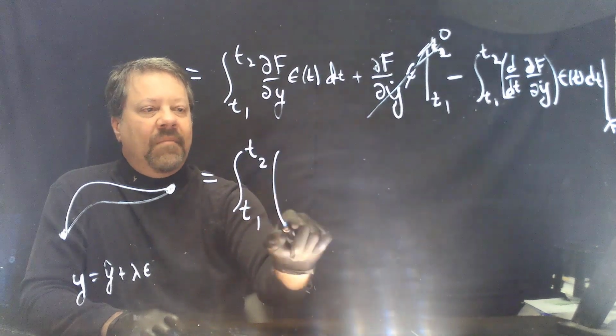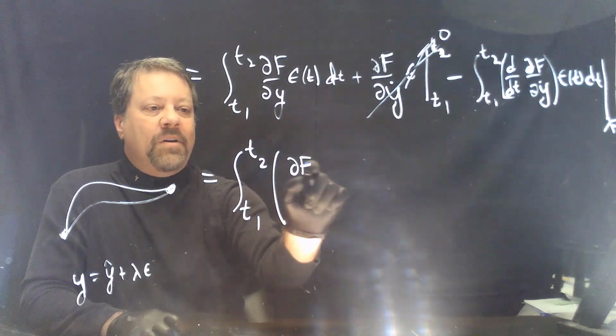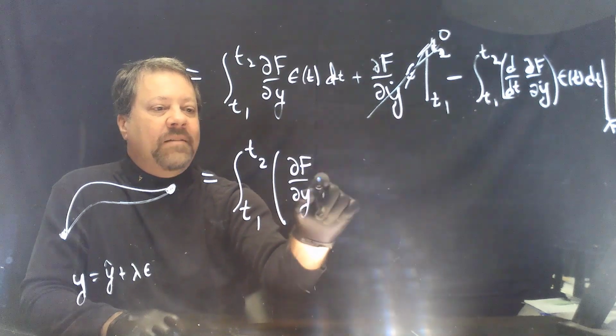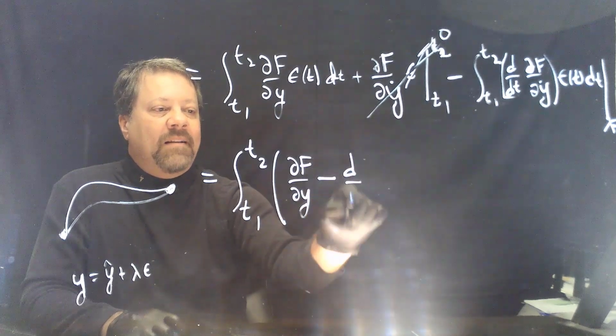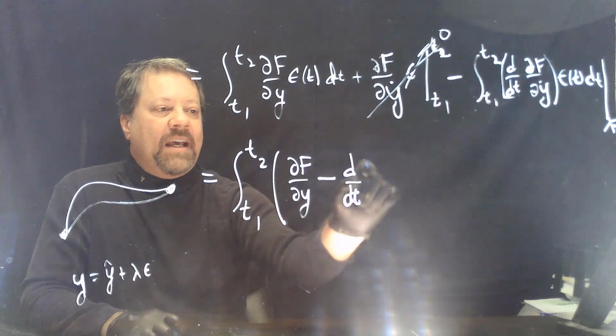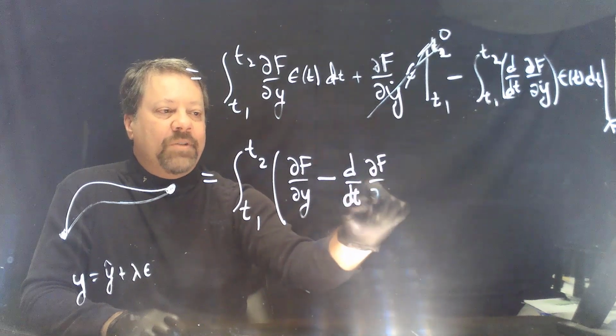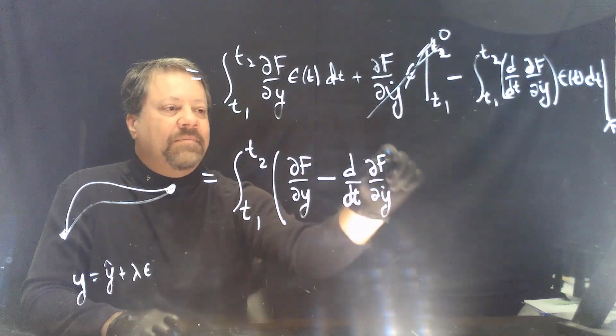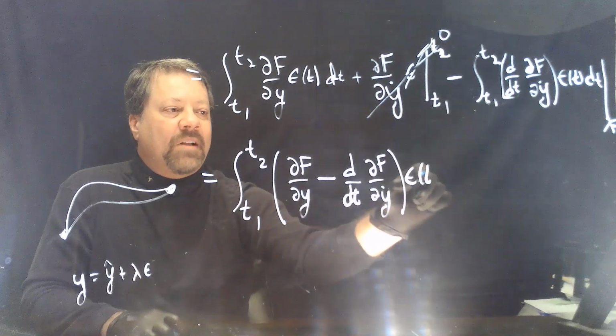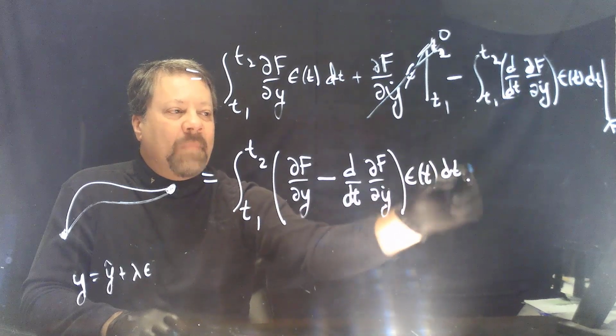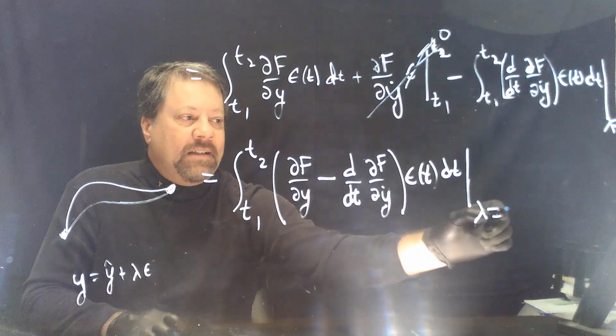What we'll have is the partial derivative of f with respect to y minus the derivative with respect to time of the partial derivative of f with respect to y dot, all times epsilon of t dt, evaluated at lambda equals 0.